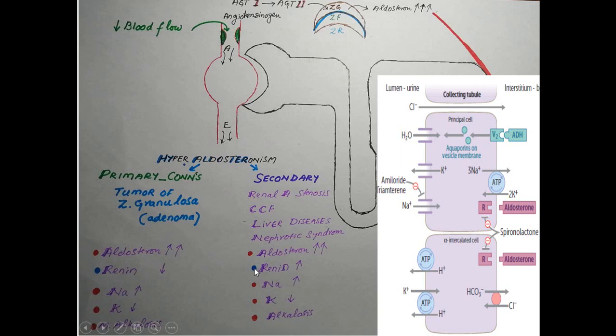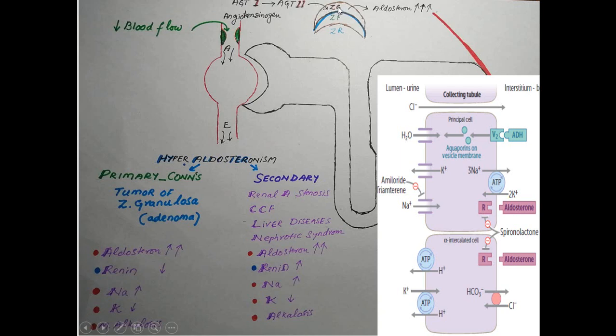Here, aldosterone production is not under the effect of decreased blood flow, but this is the intrinsic property of the zona granulosa cells, because here you have got, unfortunately, a tumor. So it is not stimulated by all these processes, the renin, angiotensinogen, angiotensin 1, 2. This stimulation is off.